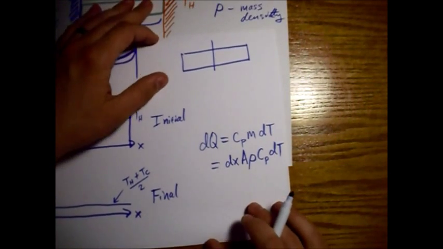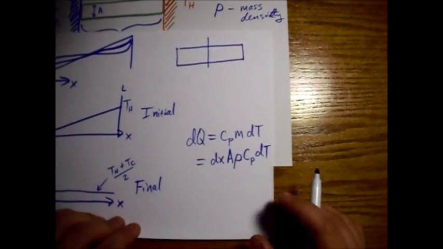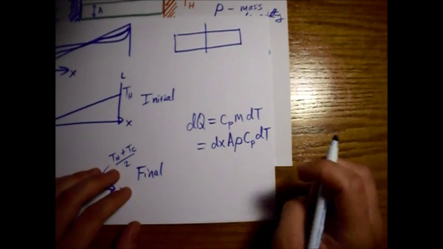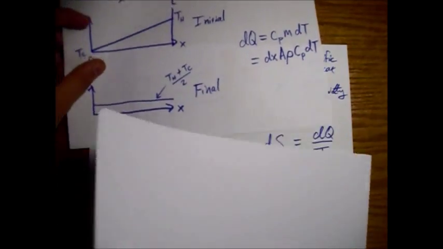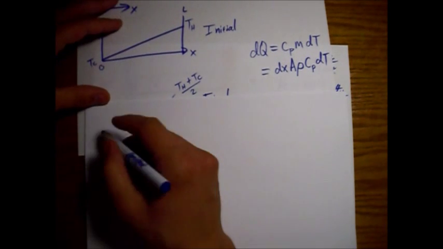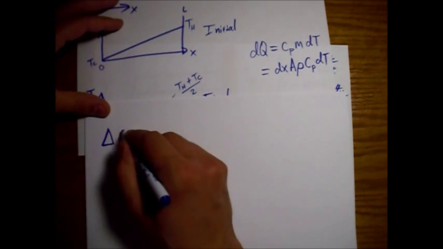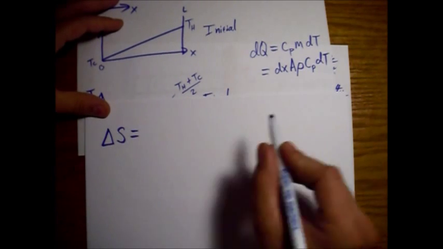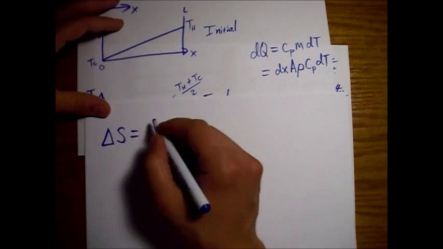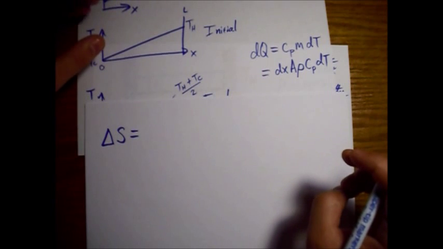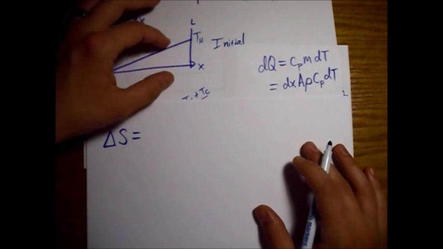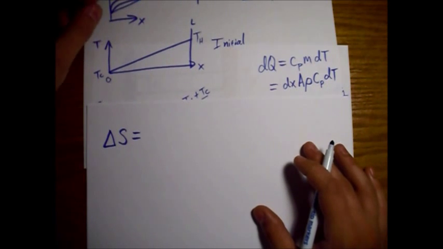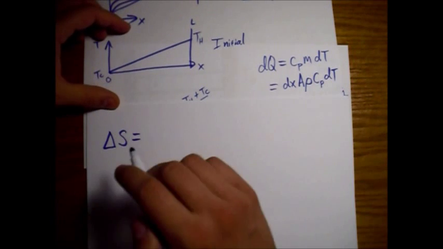Okay, so what we need to do is first we're going to integrate. I'm going to bring some of these constants out front, but first we're going to integrate over the temperature for each little slice of this bar, and then we're going to integrate along the length of the bar.